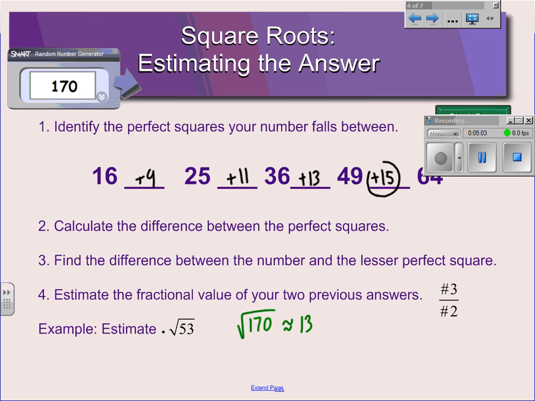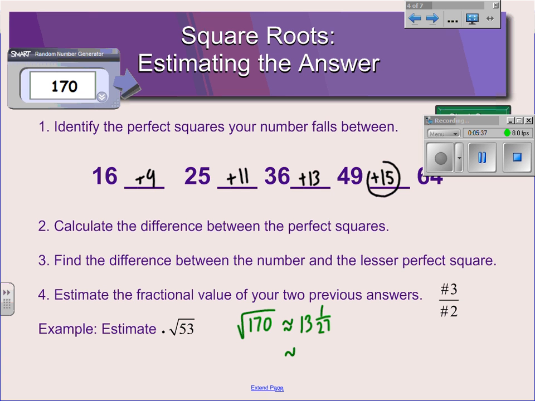But let's play this out. 170 is 1 away from 169, and between 169 and 196 there are 27 numbers. So it's about 13 and 1/27. The closest thing I can grab onto there is 1/25, which I can do in my head, which is 4/100, or 0.04.